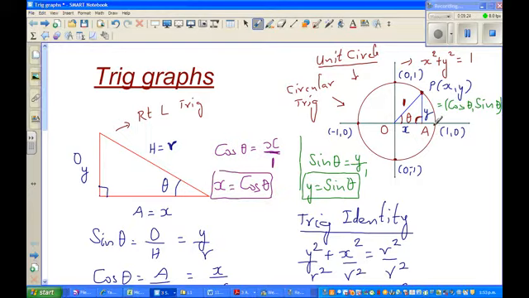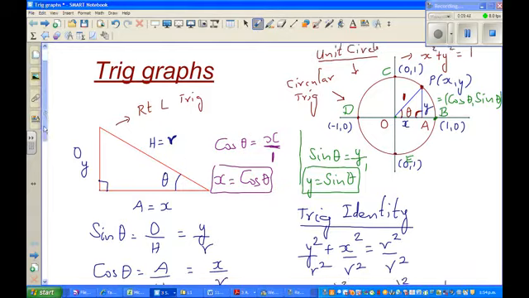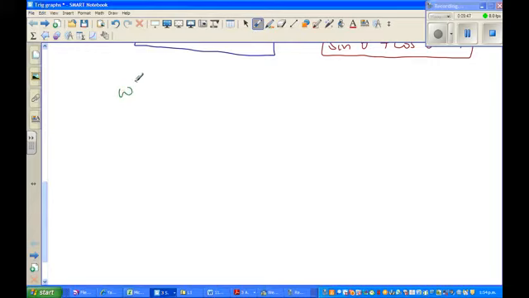Let me name these points. So this is A, this is B, this is C, this is D, and this is E. So when you're saying theta is 0, you're saying the point is at B. Let me write that. When theta is equal to 0, implies the point is at B on the unit circle.